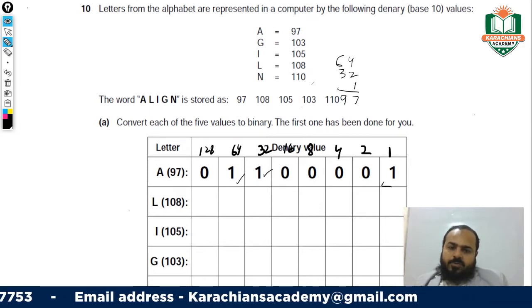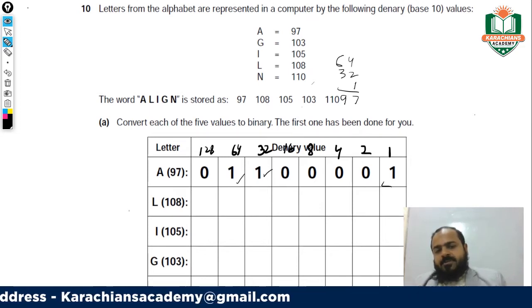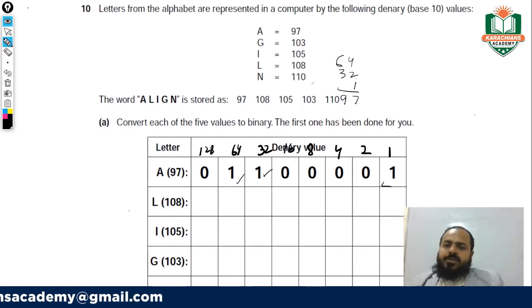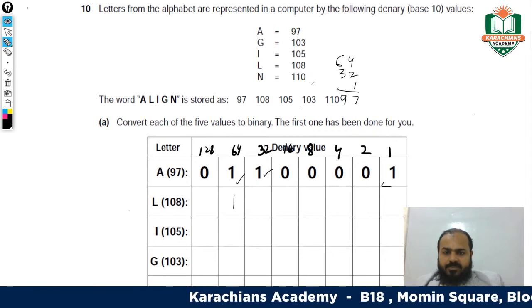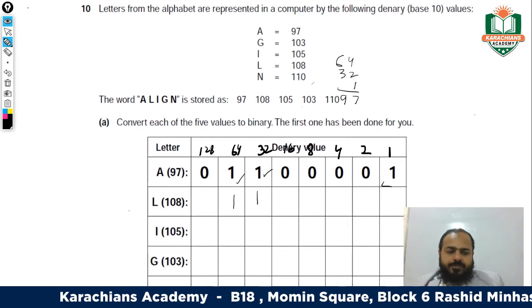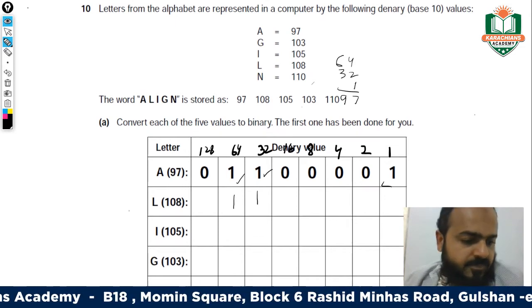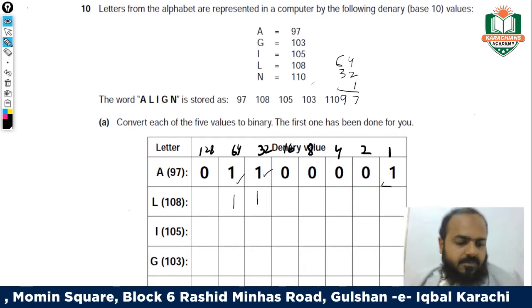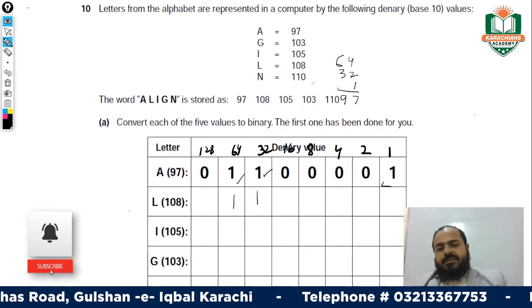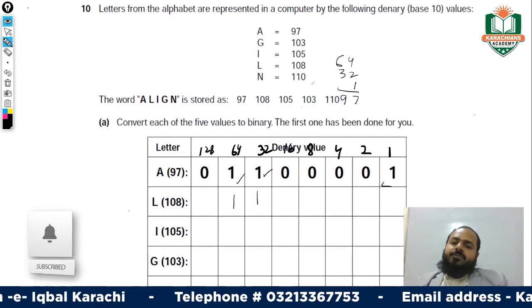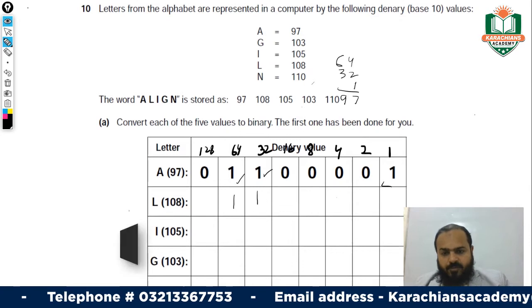So what will we do to get 108? If we want 108, which numbers do we have to power on? First we power on 64, then we power on 32. 64 plus 32 means 96, and we have to power on 4.